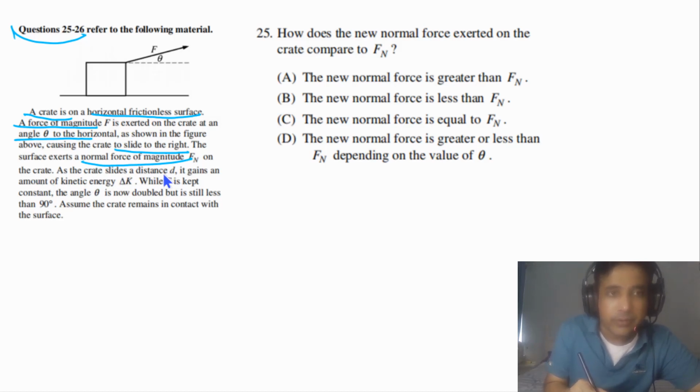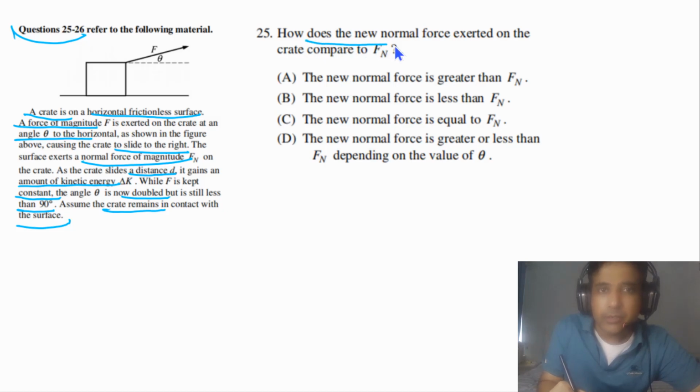As the crate slides a distance d, it gains an amount of kinetic energy delta K. While F is kept constant, the angle theta is now doubled but is still less than 90 degrees. Assume the crate remains in contact with the surface. We need to find out how the new normal force exerted on the crate compares to Fn.